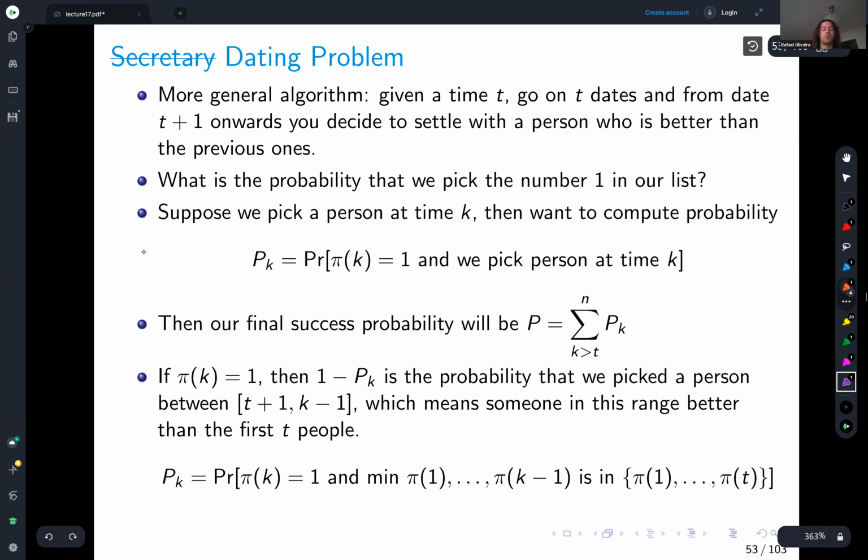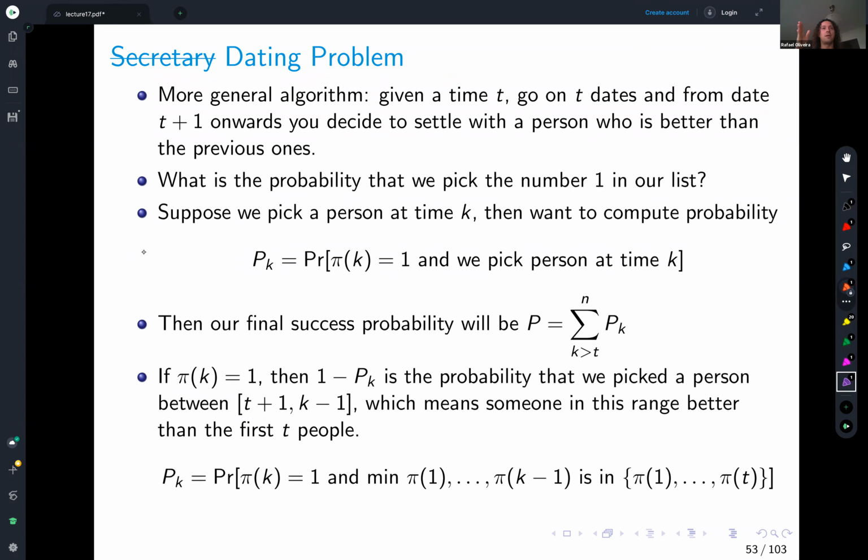Okay, so if pi of k is equal to 1, then we have here that 1 minus pk is the probability that we pick the person between t plus 1 and k minus 1, correct? Because if we already know that the best person is at position k, what is the probability that I fail?